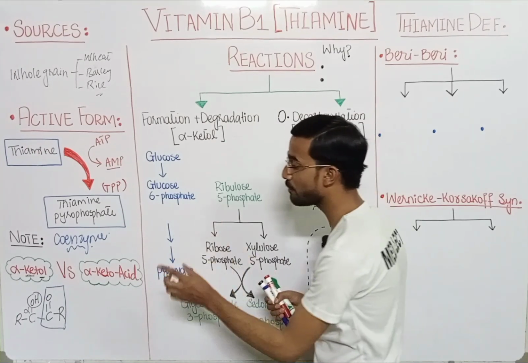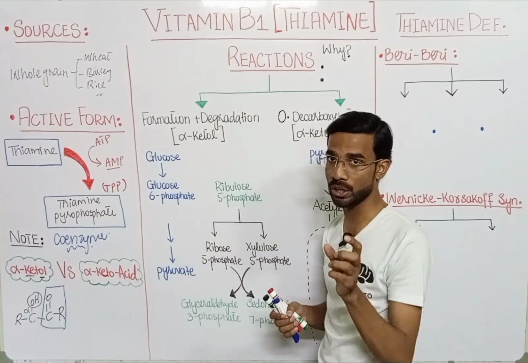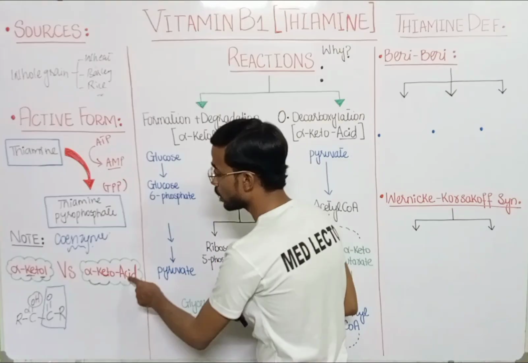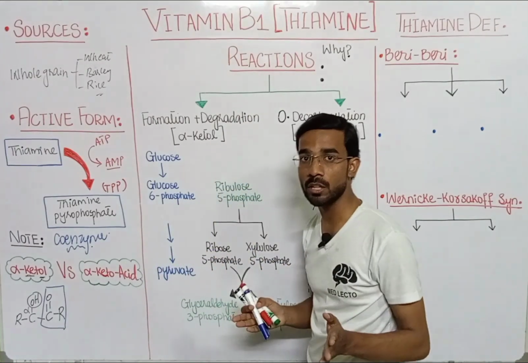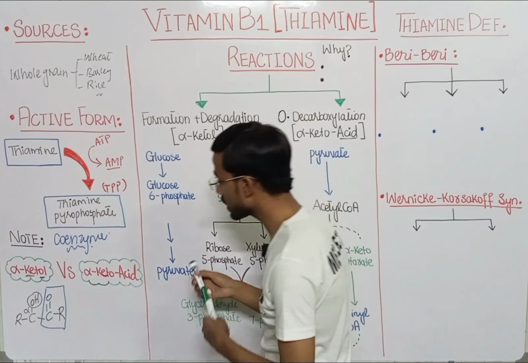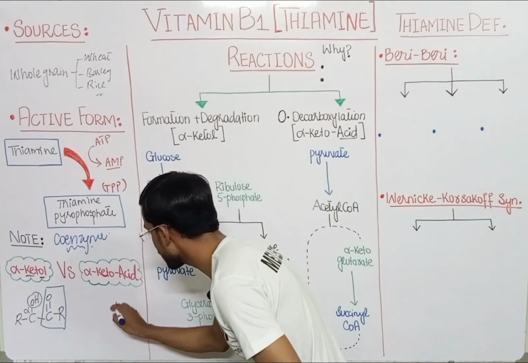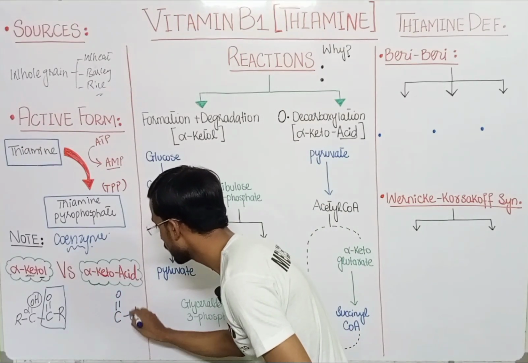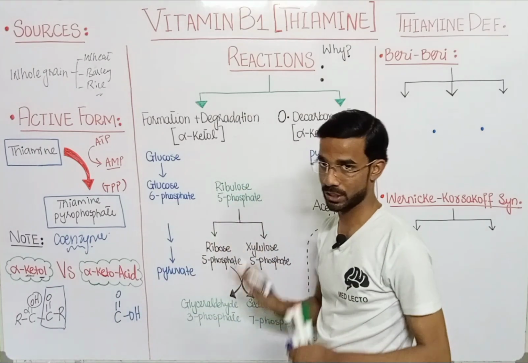Next, if you see alpha keto acid, it means two functional groups will be present: the carboxylic acid group and the ketone group. Here this is the carboxylic group, COOH.